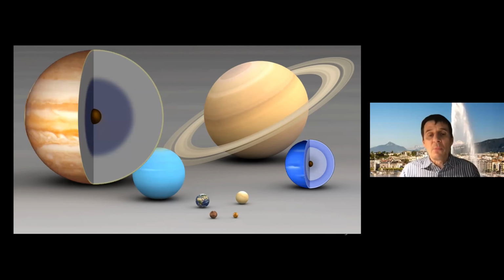But what is interesting, and is also valid for what we call the ice giants like Uranus and Neptune, is that we have in the middle of the planet what is called a core, a solid core. And the reason for this core is very critical to the formation mechanism that is making the planet.